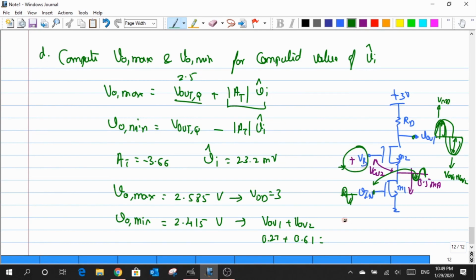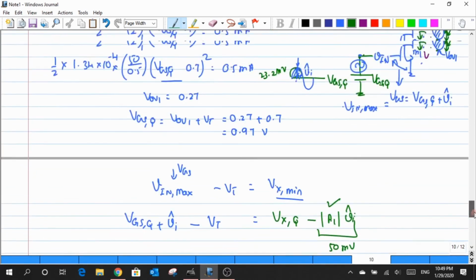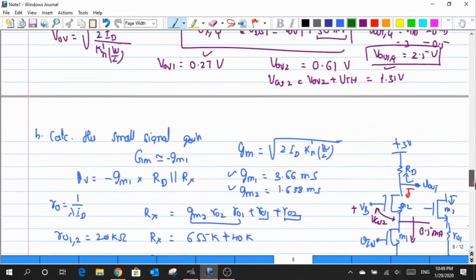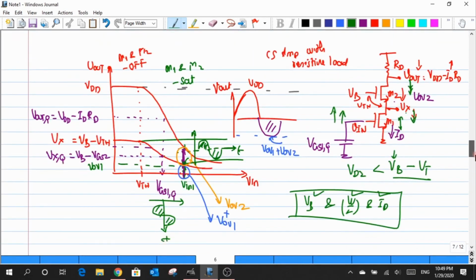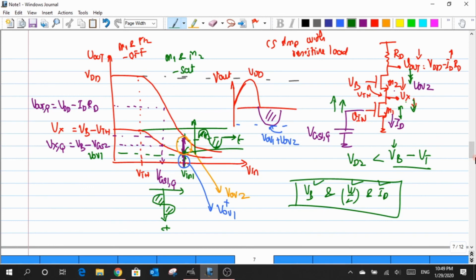So obviously one has to think about what exactly is happening, or how exactly one could define the value of VB. Let me define the same with respect to the graph that we plotted for Vout versus Vn. We had fixed our Q point, Vxq, somewhere closer to the value of VOV1, and the difference is just 50 millivolt.